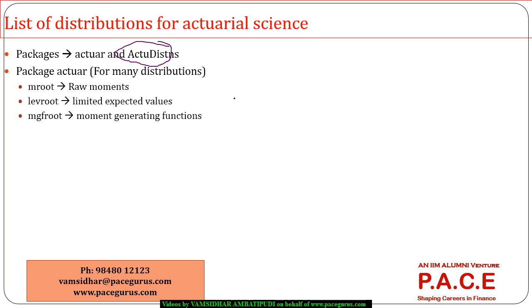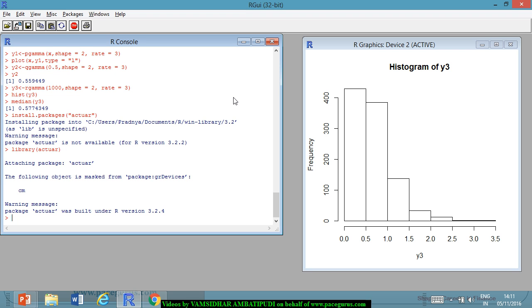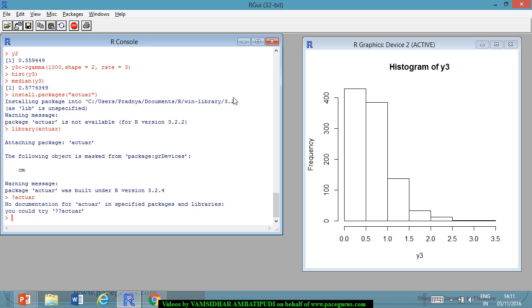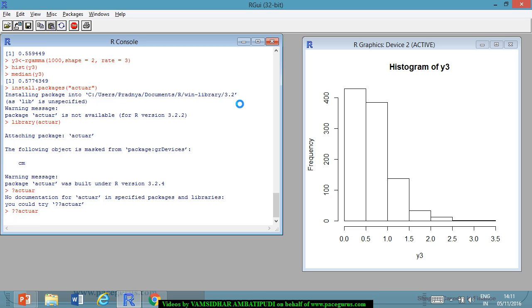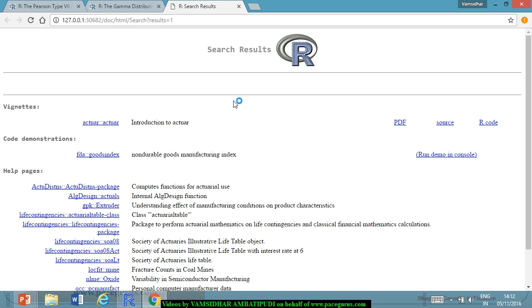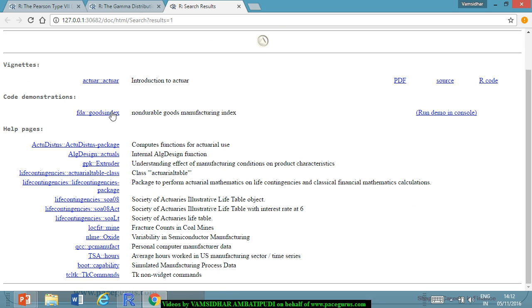So you can read through the documentation associated with each of these packages to understand the different kinds of distributions that are typically supported. Right, so probably let's look at the actuar. So let me put question mark and actuar. Okay, so we have actuar as the name of the package out here.